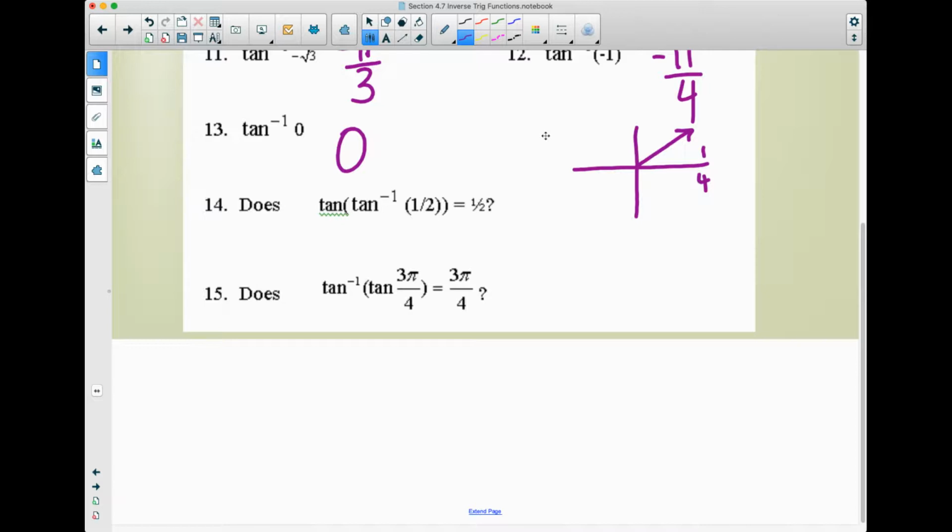If I actually found what theta was, or where that was located, that's what would go right inside here. So pretend it was like 32 degrees or something. Then I turn right around and say, what's tangent at 32 degrees? You would say 1/2.